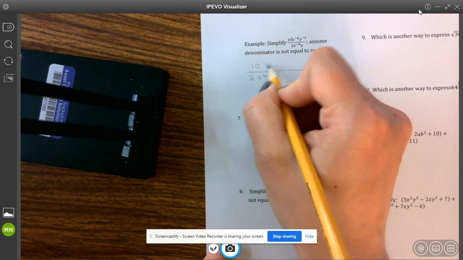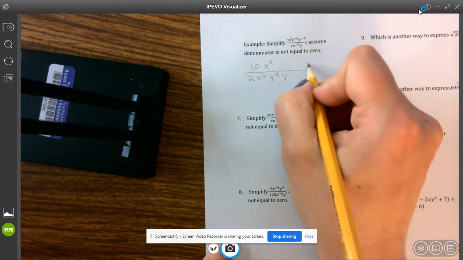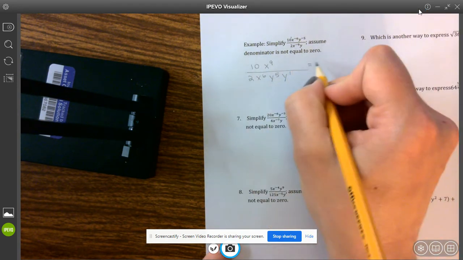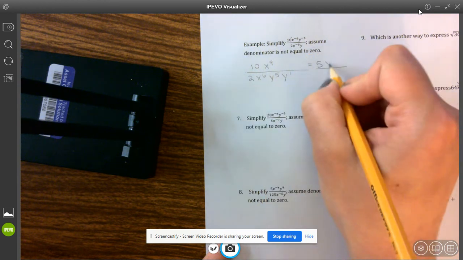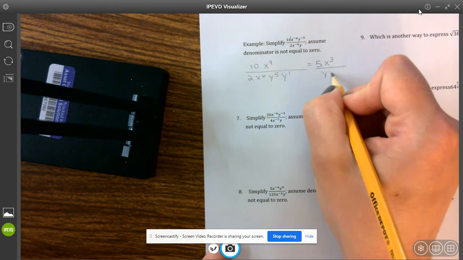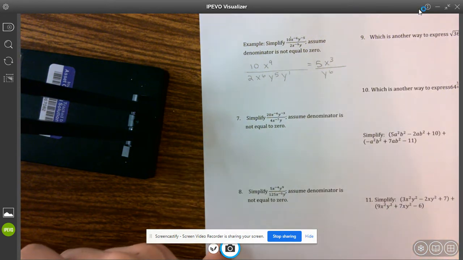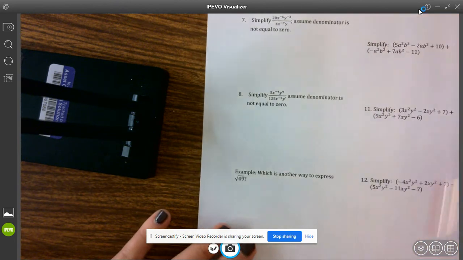The 9 goes to the top, now it is positive, and the y actually stays on the bottom. So when it is simplified, 10 divided by 2 is 5. 9 minus 6 is 3. It stays on top because that's where the 9 was. And this is y to the 6. You add your exponents. Complete 7 and 8 the same.